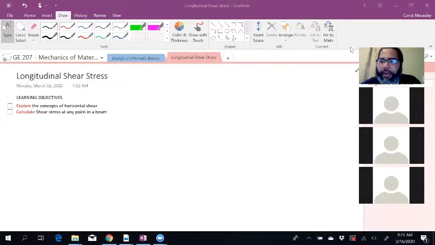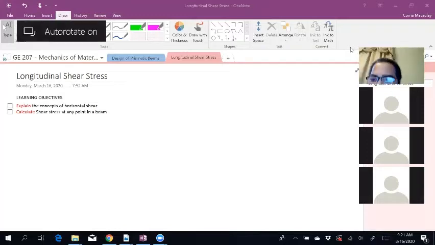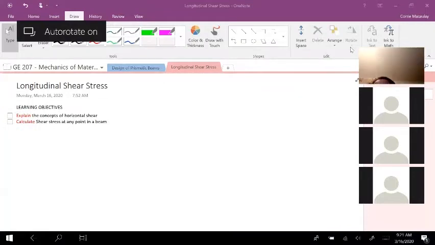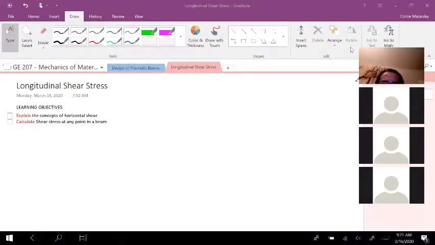I'm probably going to turn my video off here because I need to write on my computer and I have to turn the screen over. Otherwise y'all are going to see my ceiling. But what I'm talking about is shear stress on a horizontal surface.